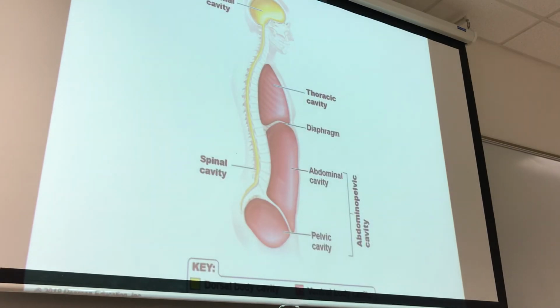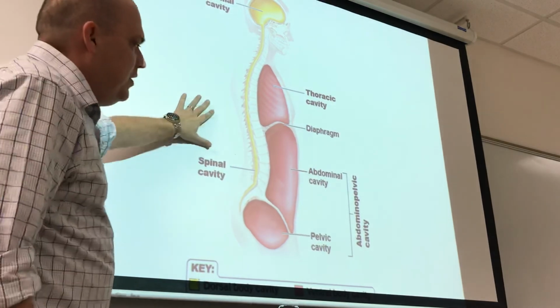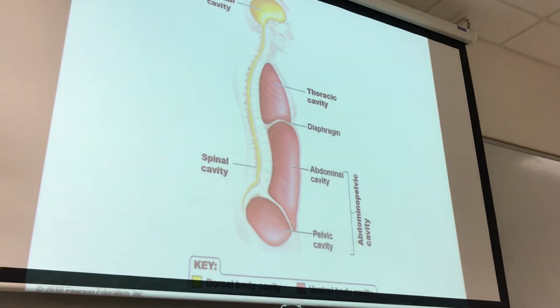We talk about body cavities, which is the next section. Body cavities are ultimately how we separate the body into a series of cavities, and within these cavities, we have all of the organs of our body. Everything we see here in yellow is the dorsal cavity or the dorsal cavities of the body.